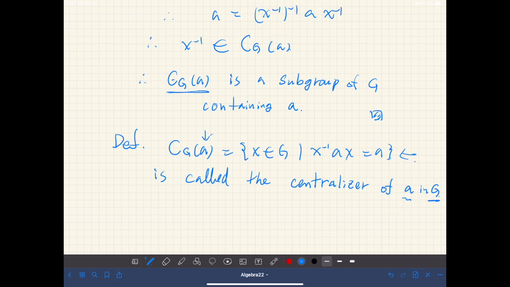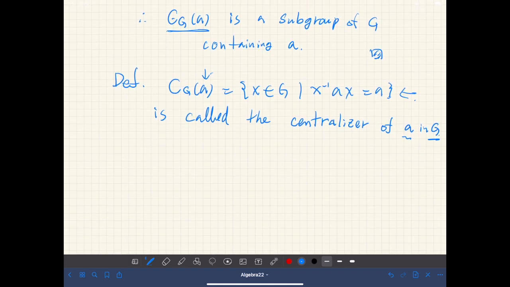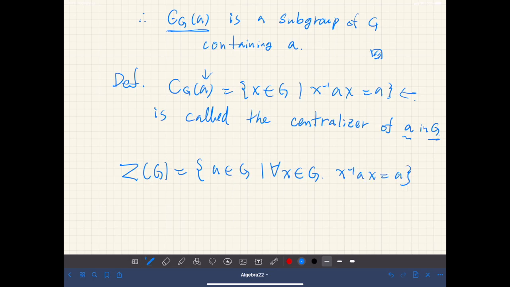And also, if you remember, we have defined something similar before, which was written Z(G), that is defined as all elements A of G such that for all elements x in G, x inverse A x is equal to A. So compare this.